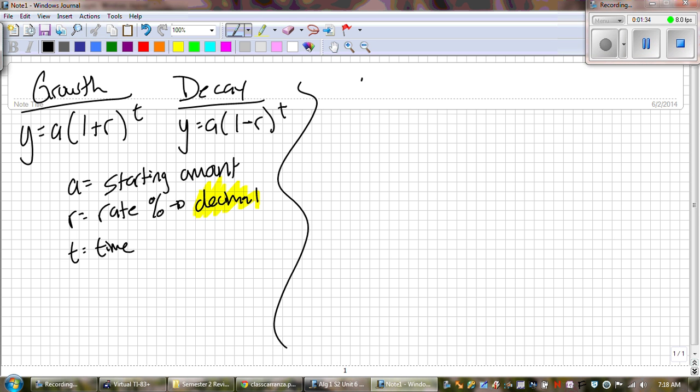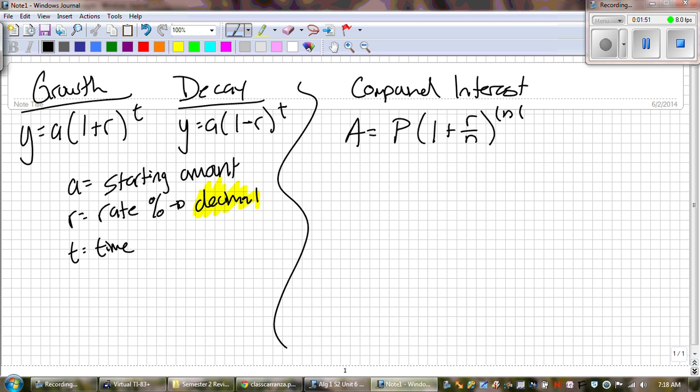And then we did another one of compound interest. This formula was a little harder. We had A equals P times (1 plus r over n) to the nt power. A was your account balance. P is your principal, and your principal is your starting amount.